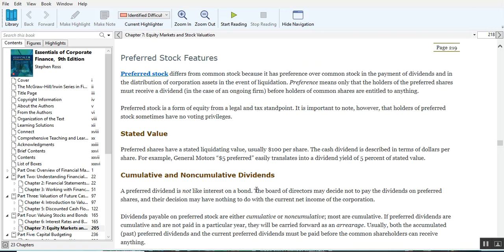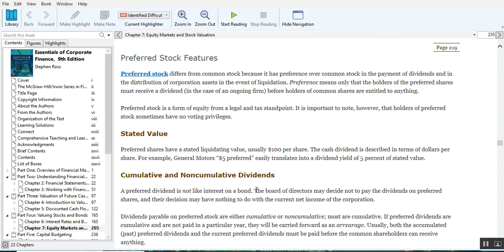Preferred stock is different from common in that preferred has rights over common stock, and basically they get first. Preference means that they get first. So if you are in a preferred class of stock, you're going to get your dividend before common shareholders get theirs. Also, holders of preferred stock often do not have voting privileges.